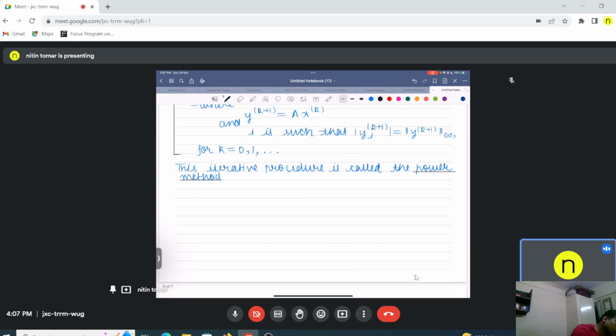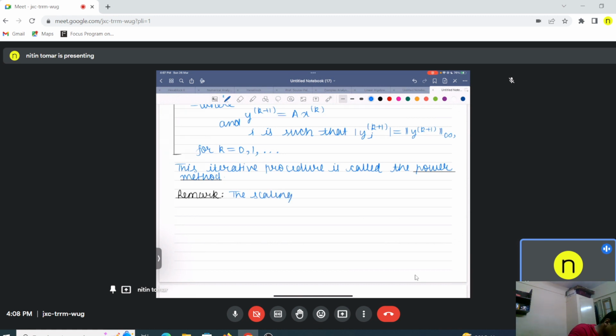A quick remark. We have a scaling factor introduced.